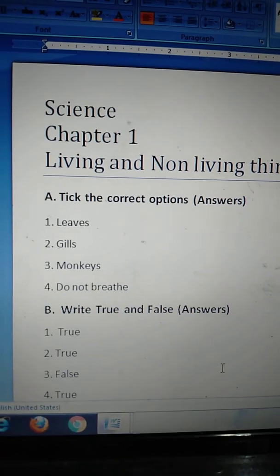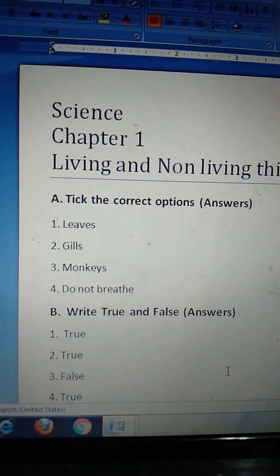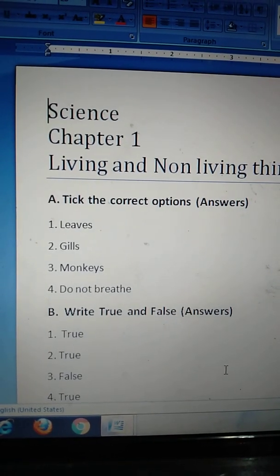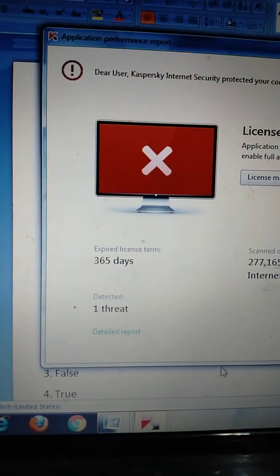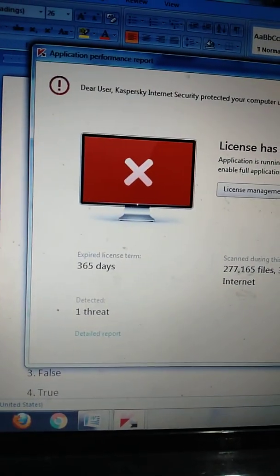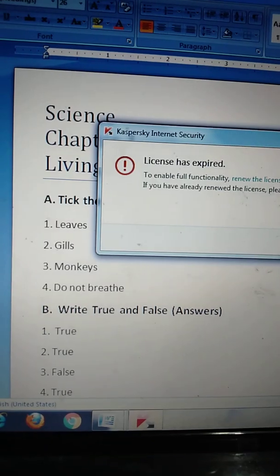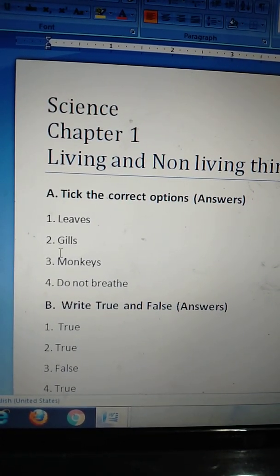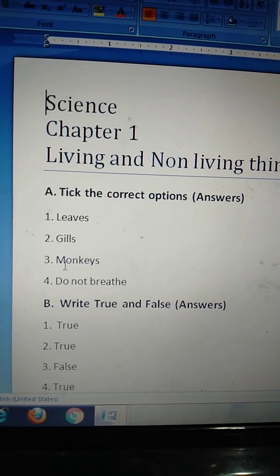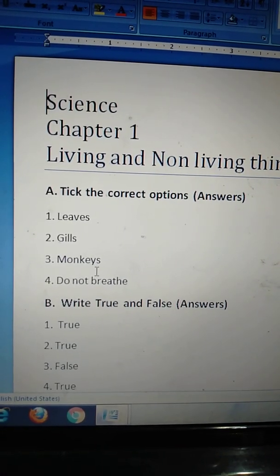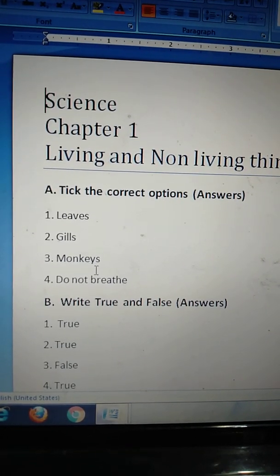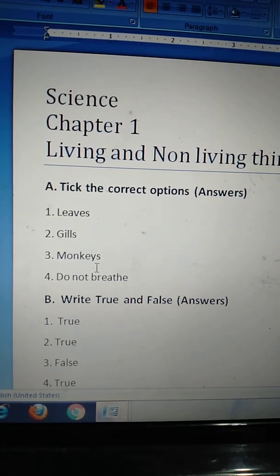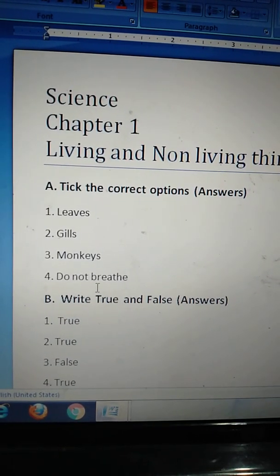Tick the correct option. First answer is leaves. Second answer is gills. Third answer is monkeys. Fourth answer is do not breathe.